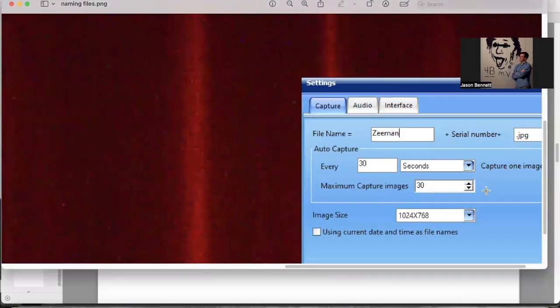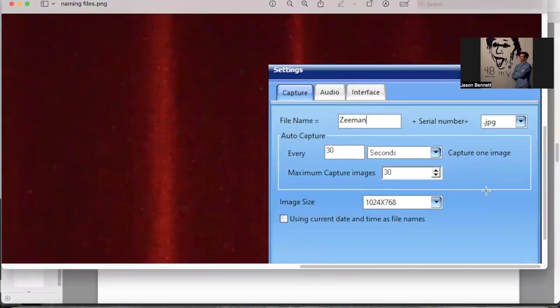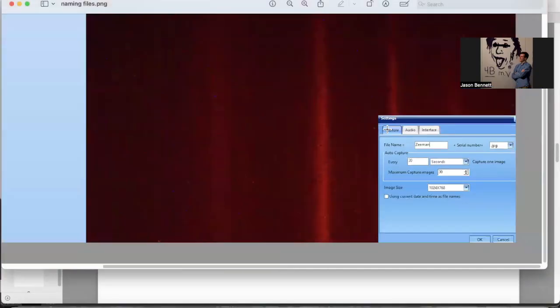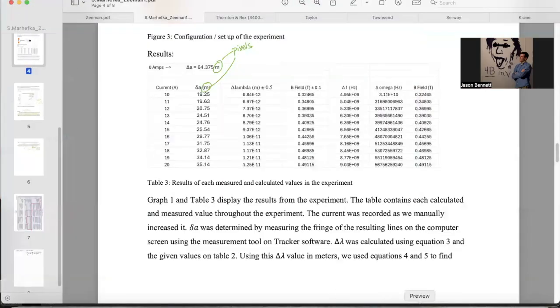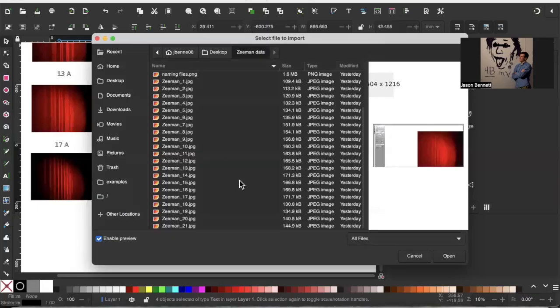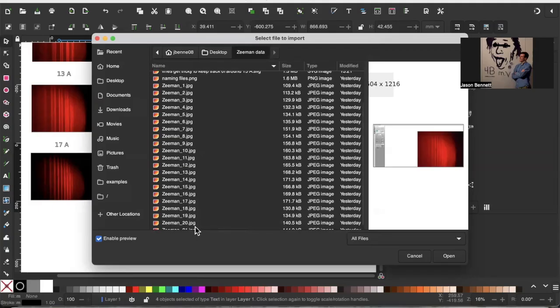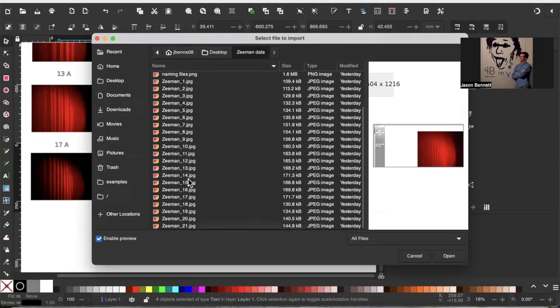So we're naming the files, but because the first picture that we take is at 0 volts, that means the 0 volt file is going to be called 1. So notice it goes from 1 to 21. So that means 0 volts. I'm sorry, I keep saying volts. I'm getting it confused with the Bragg lab. 0 amps, 1 amp, 2 amp, 3 amp. So it's off by one, which makes it even more confusing.